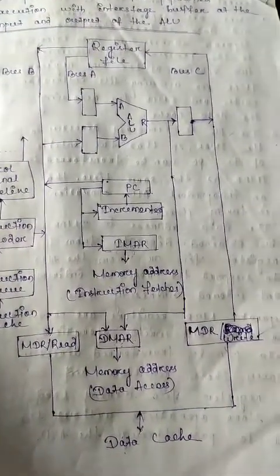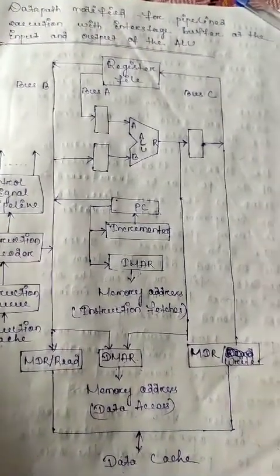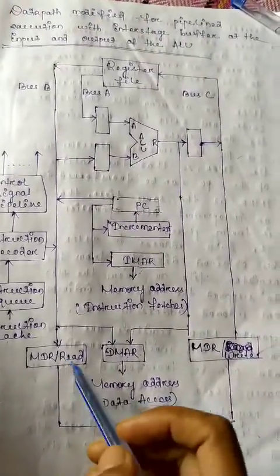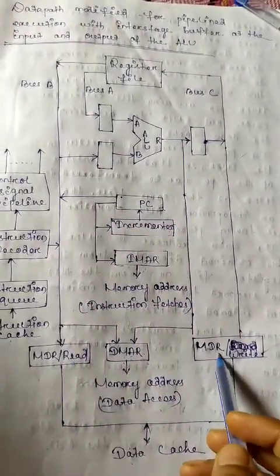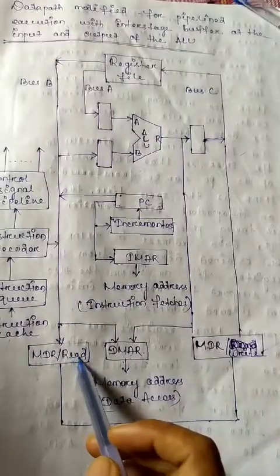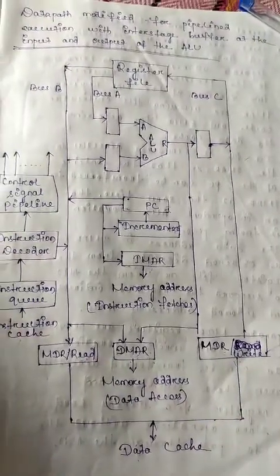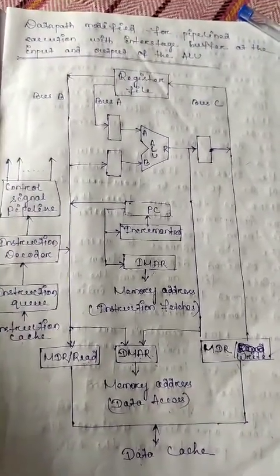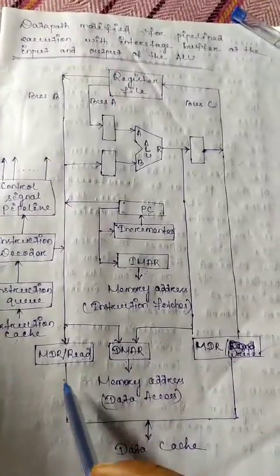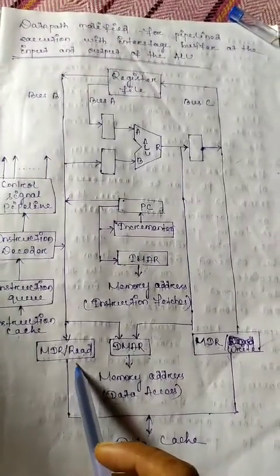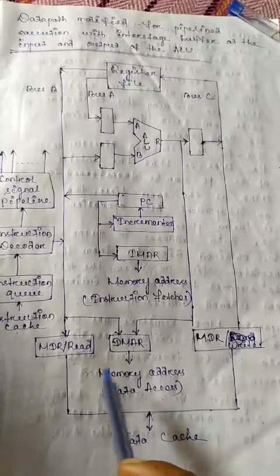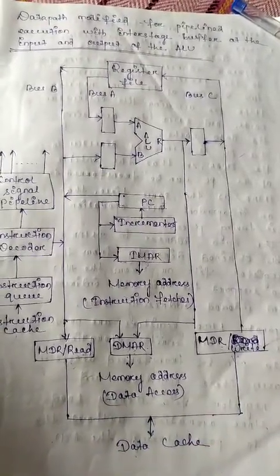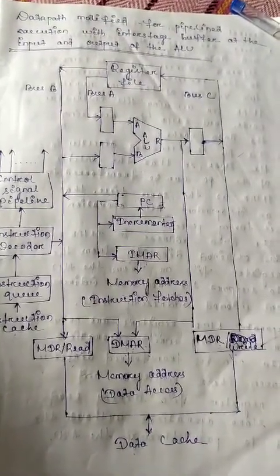The fourth one is that there are two MDR registers, memory data registers, one for read and another for write. One is used for reading the data and the other for writing the data.